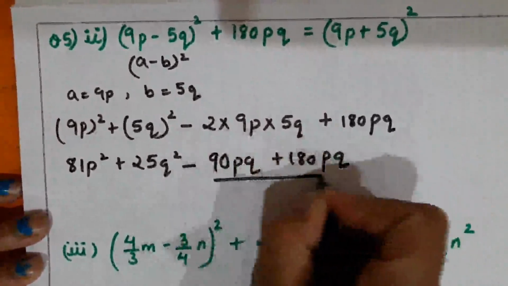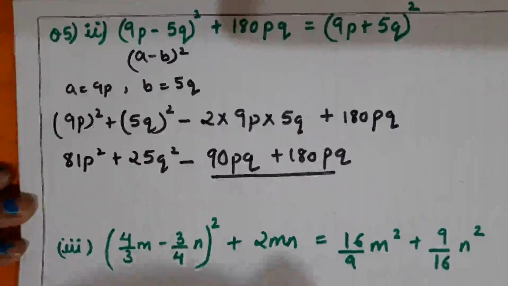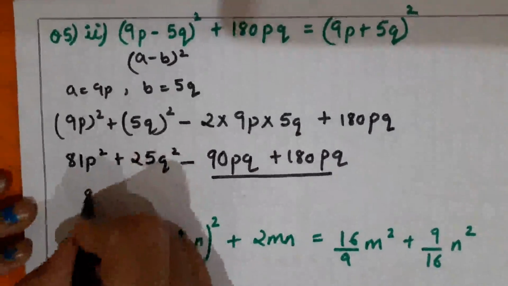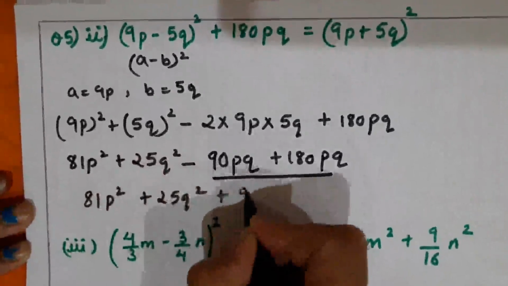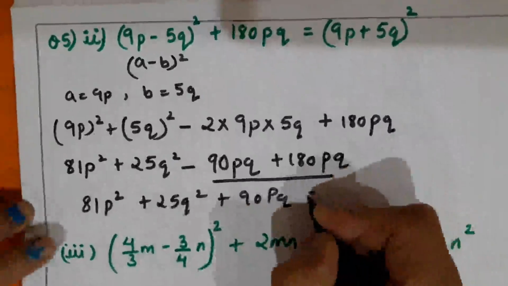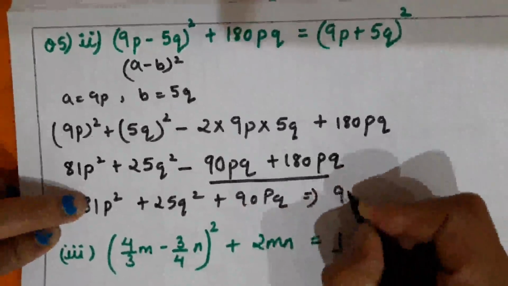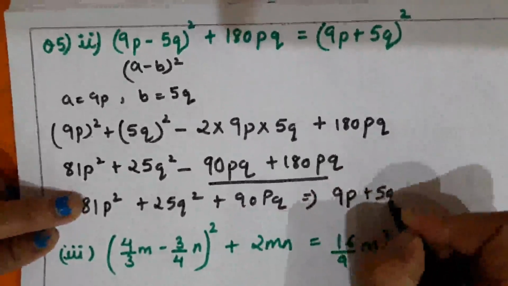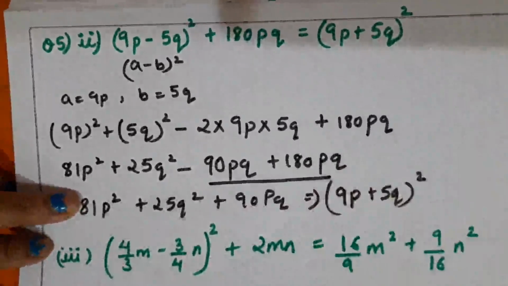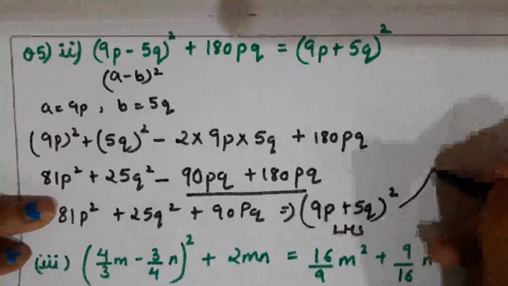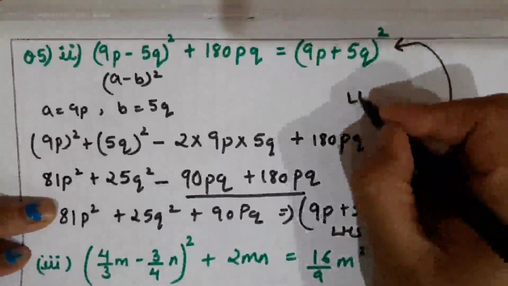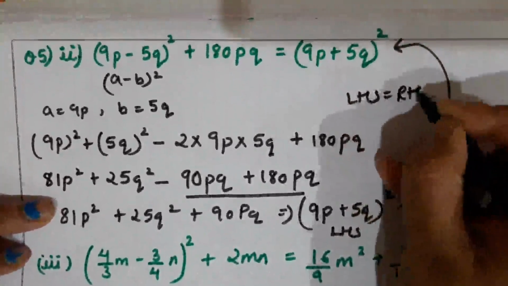Now you can solve these two because they are like terms. So 81p square plus 25q square, you will get plus 90pq. So this will be equal to 9p plus 5q whole square. Okay, so this is your left hand side and the rightmost side is also this, so we can say that left hand side is equal to right hand side.